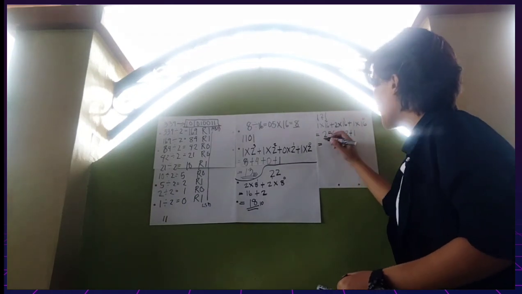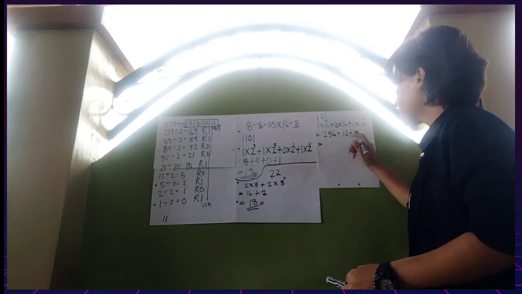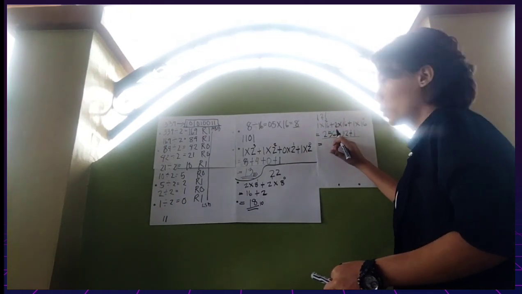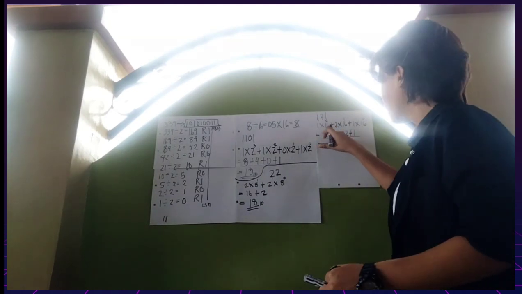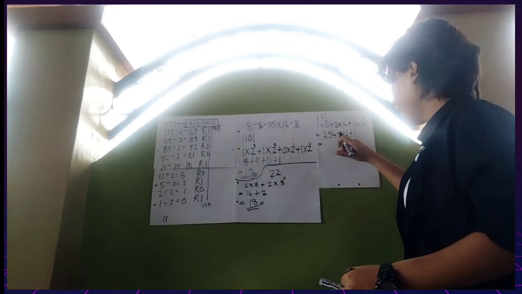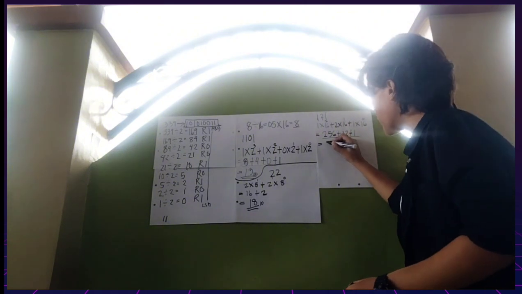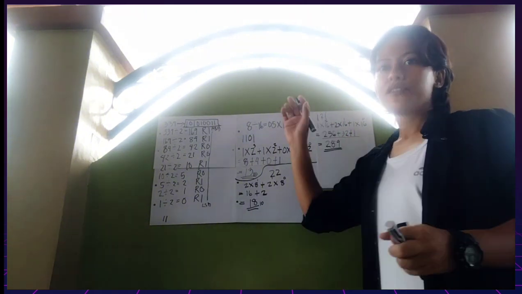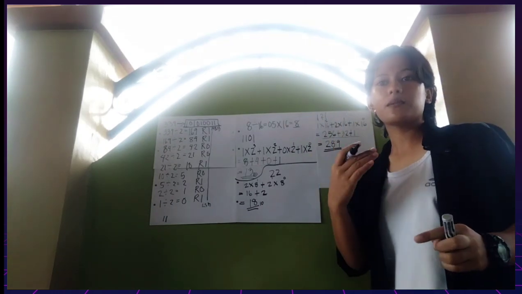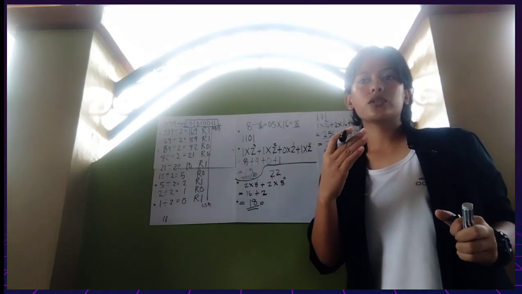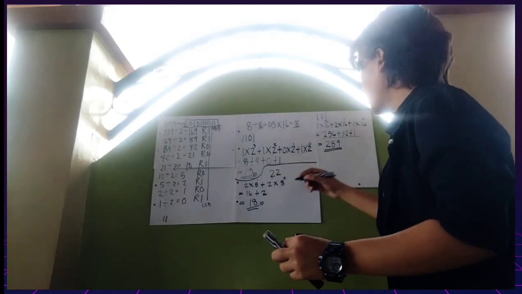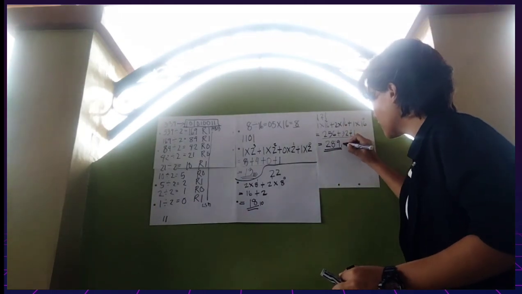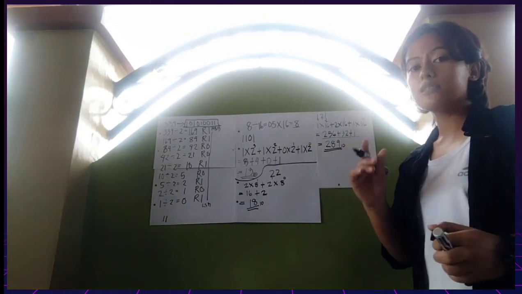Then after we multiply all, let's add these results. So 256 plus 32 is equal to 288 plus 1 equals 289. Therefore, the conversion of hexadecimal number 121 into decimal is 289 with a base of 10 because, of course, it's a decimal number.